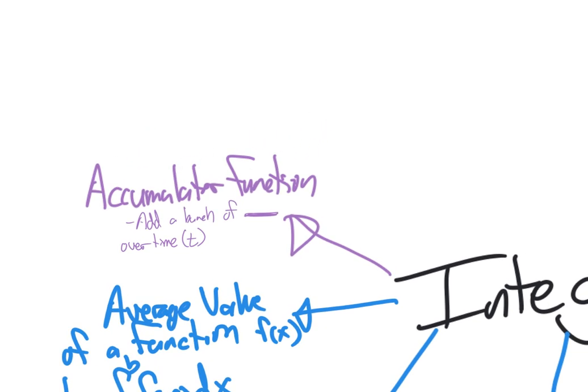As you do the accumulator function, if you have an initial value, so let's say on that water trough we had water already in it, then you would put how much water was in it plus how much was entering in from A to B of f of x dx.